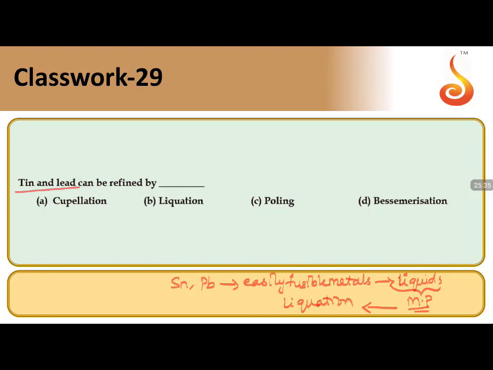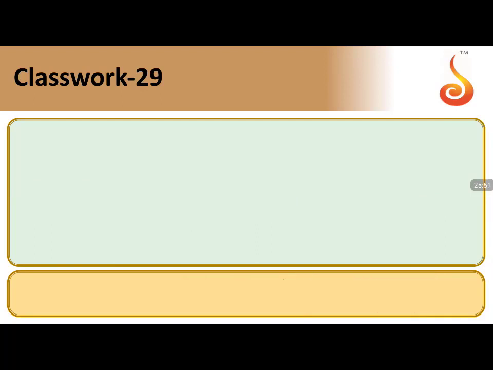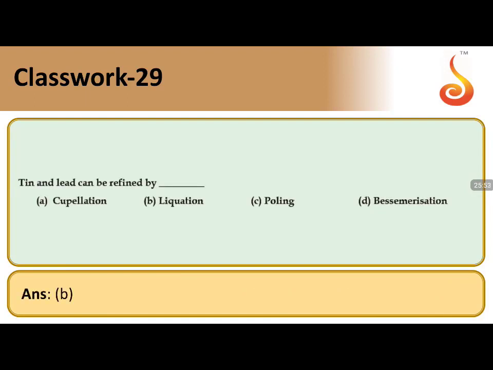Remember, we have liquation, for difference in melting points. Tin and lead can be separated easily by the liquation process. So the answer should be option B.